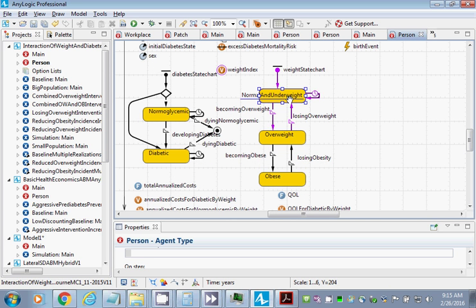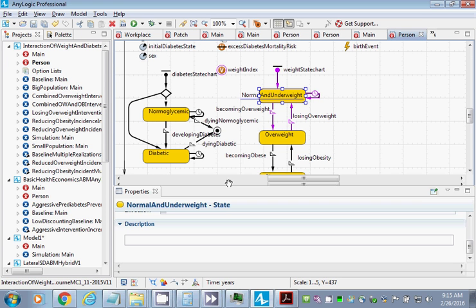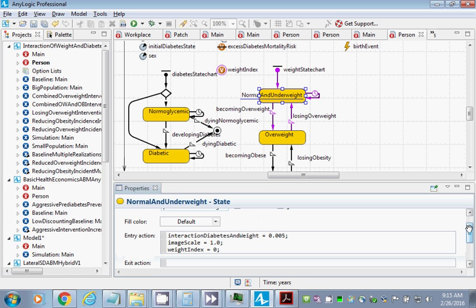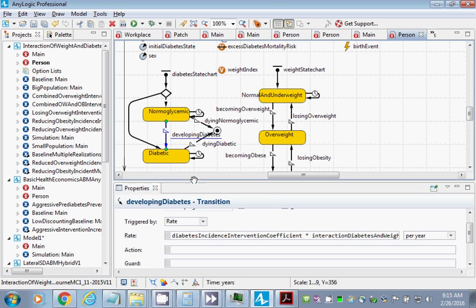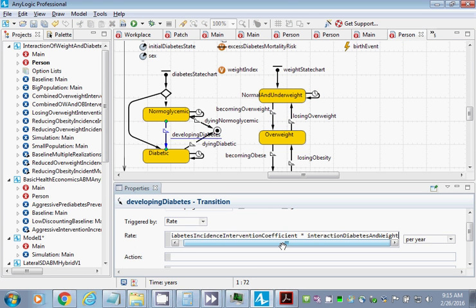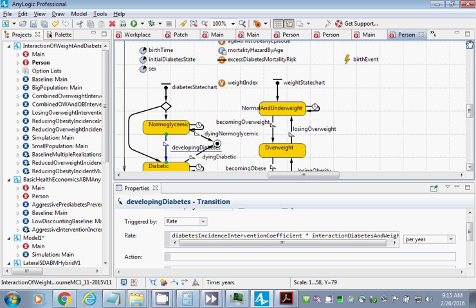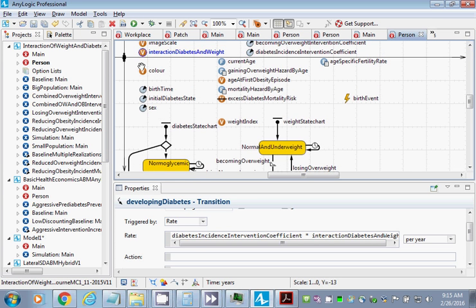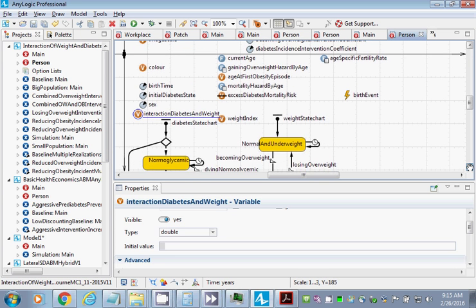So this variable captures the effects of different levels of weight on your hazard. And as you go up in weight, you have initially a lower rate of diabetes, and then you have successively higher rates of risk, a hazard rate of developing diabetes. And there's a beta term that's multiplied by this to give some hazard rate of going from here to here.